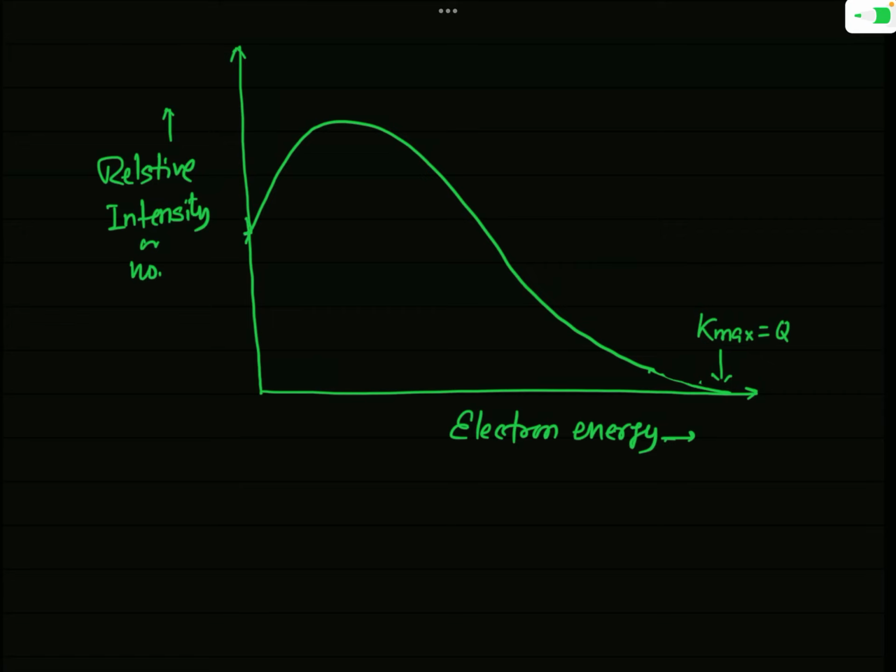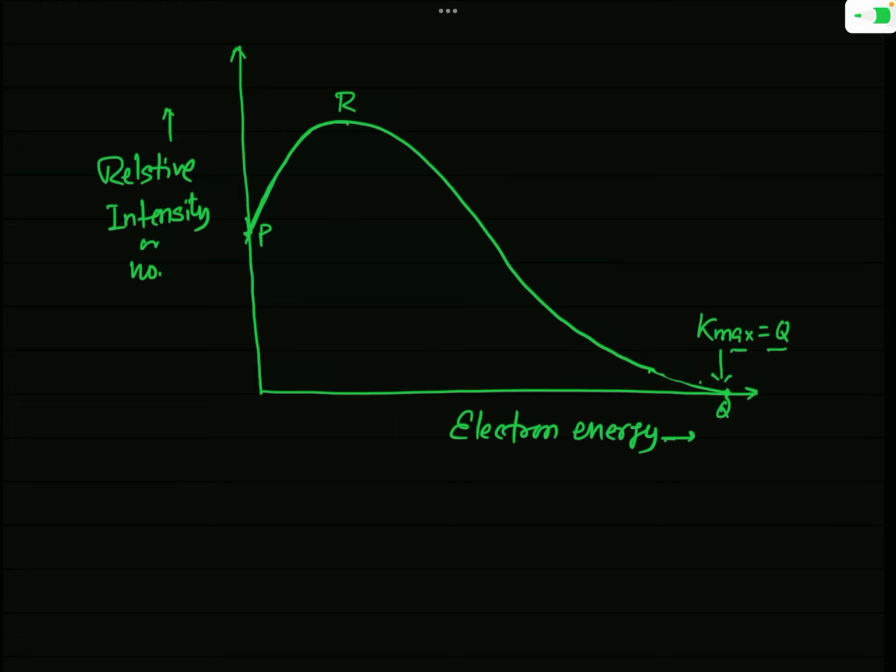Let us consider this point is P, this point is Q and this point is R. You can see that the energy of the electron varies from 0 to a maximum value at Q. At Q, the kinetic energy of the electron is maximum, and that will be equal to the Q value of the process.